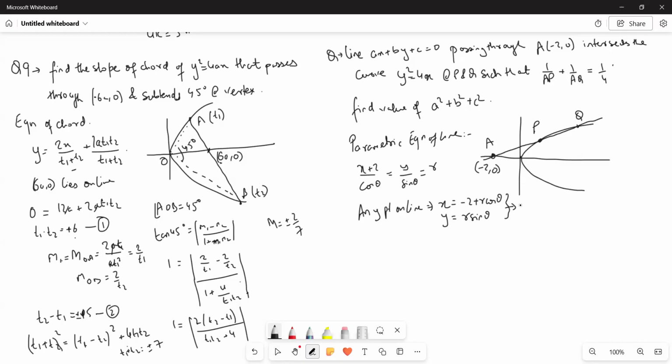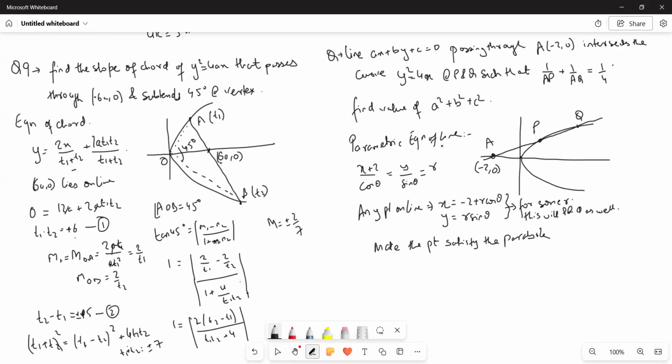For some r, this will represent P and Q as well. So in order to find that particular r, we make the point satisfy the parabola, to find the value of r for which it represents P and Q.